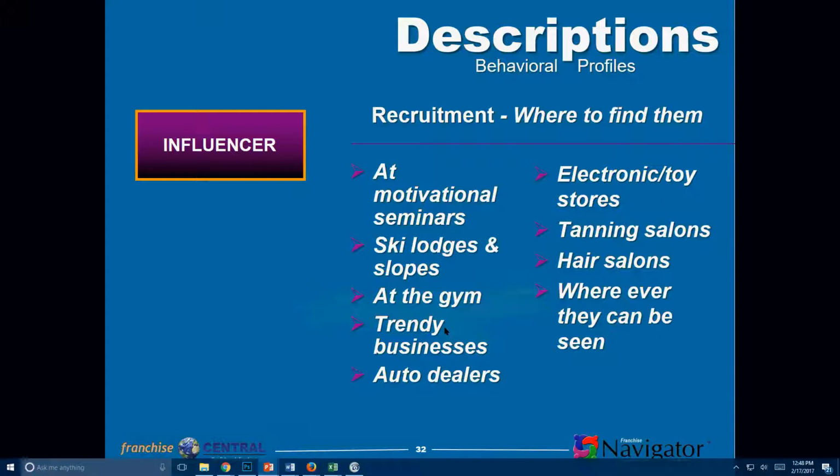Whenever there's a new restaurant opening or a new retail store that's cool, you'll find the influencers there. And they're all around the auto dealers because they're always looking at the latest, the greatest, this and that with the automobiles. Same thing's true with electronic toy stores, tanning salons because it's all about image, or hair salons, wherever they can be seen.